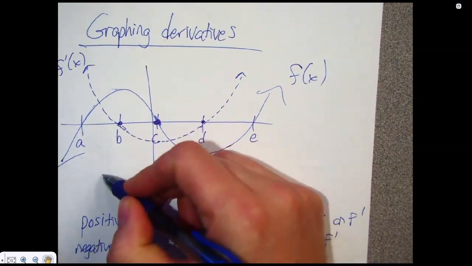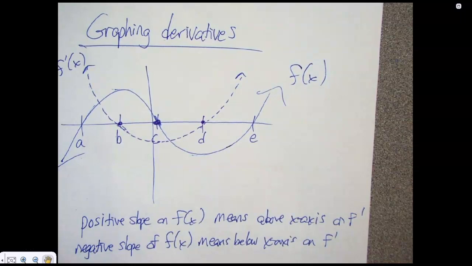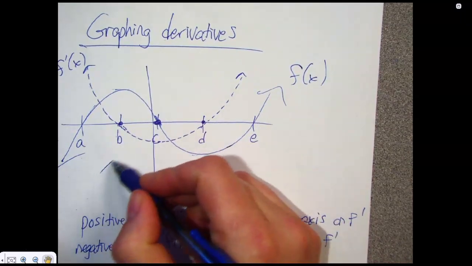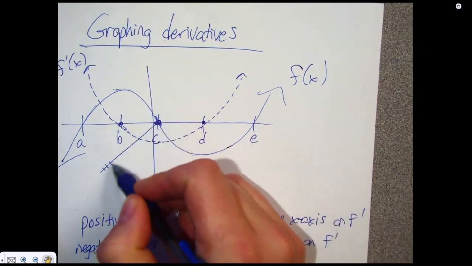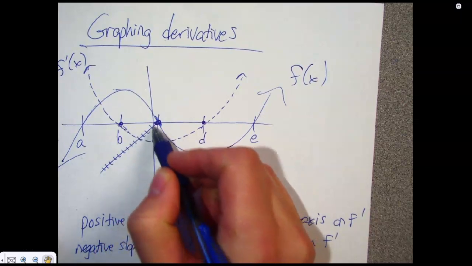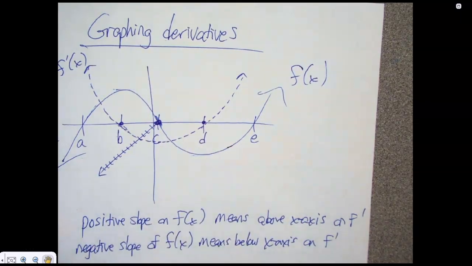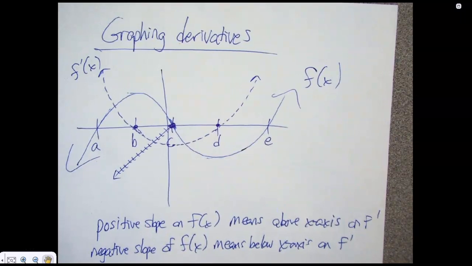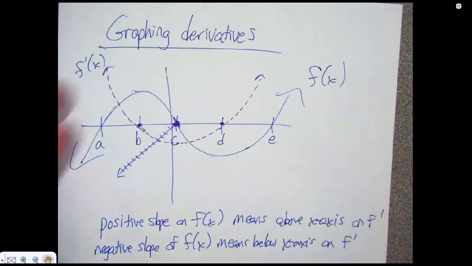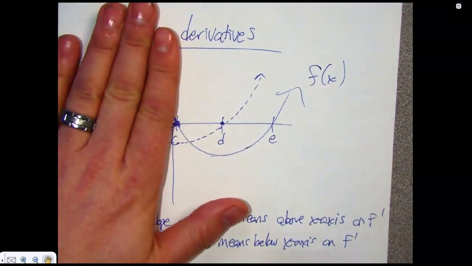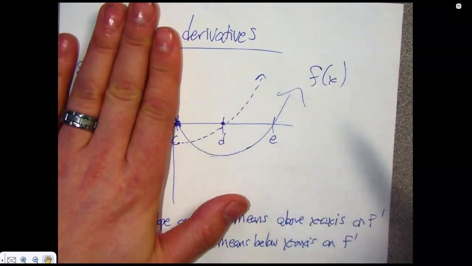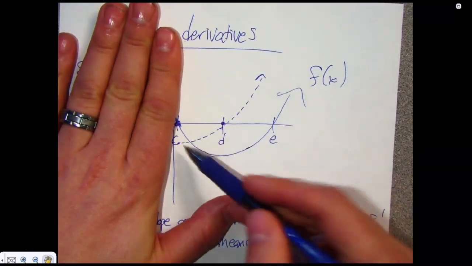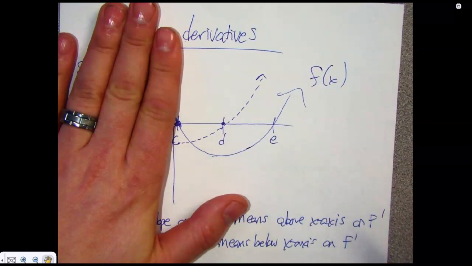So my y values of the derivative need to be negative and getting less negative. So they're going to start down here. And how many wiggles do I have? Zero. So it's just going to be a line. I'm going to do this to like differentiate it. And then if I go to the right of C, is my slope of the dotted positive or negative? Positive.